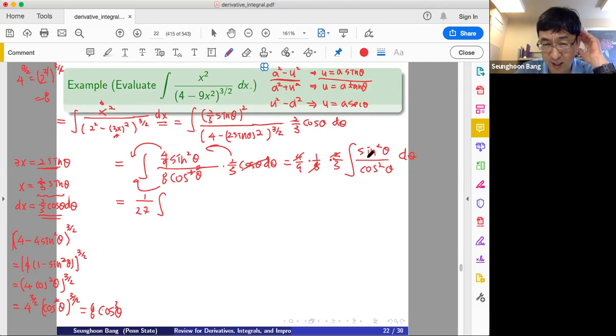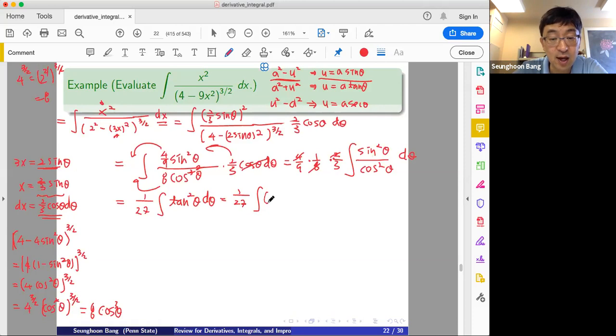Do you know what sine over cosine is? Yeah, tangent squared of theta, you're right. So we change it to tangent squared. So 1/27. We don't have an integration formula for the integral of tangent squared, so you can change the identity.